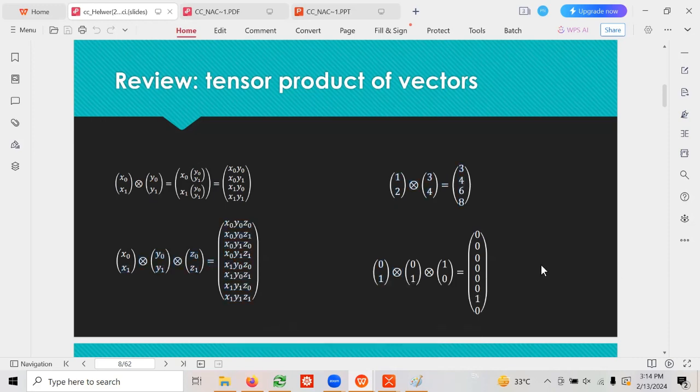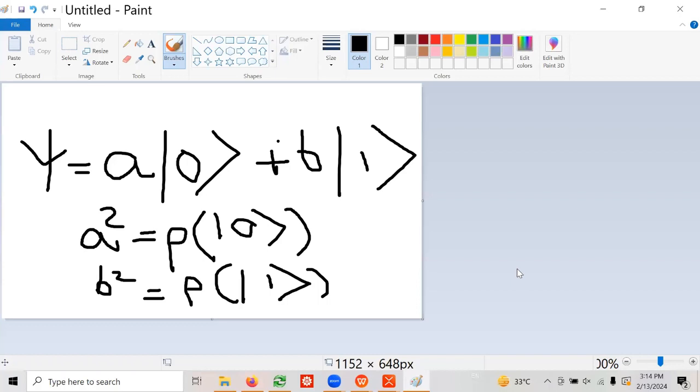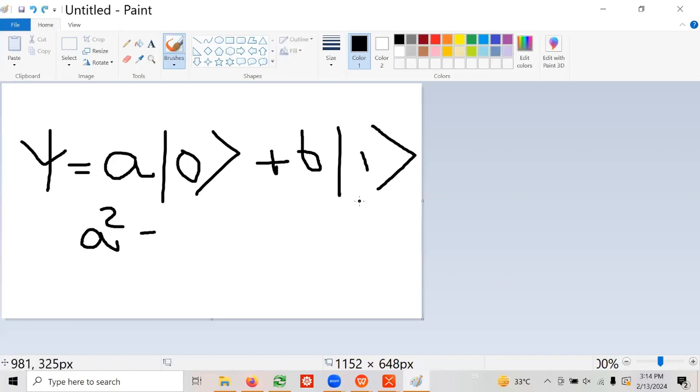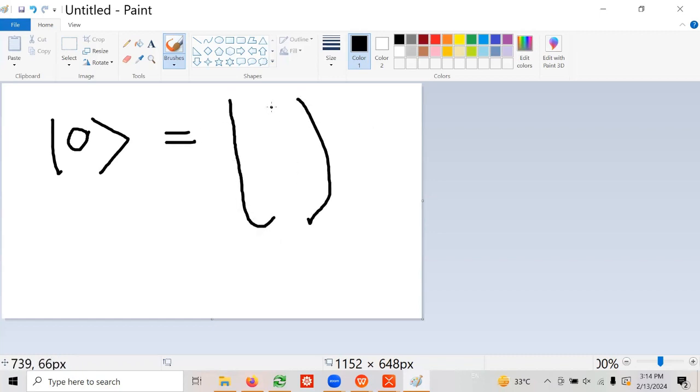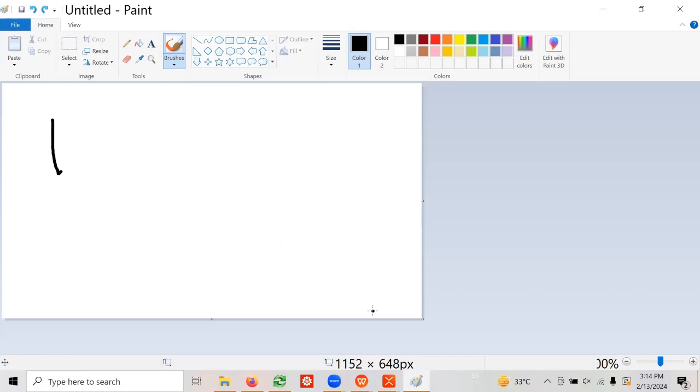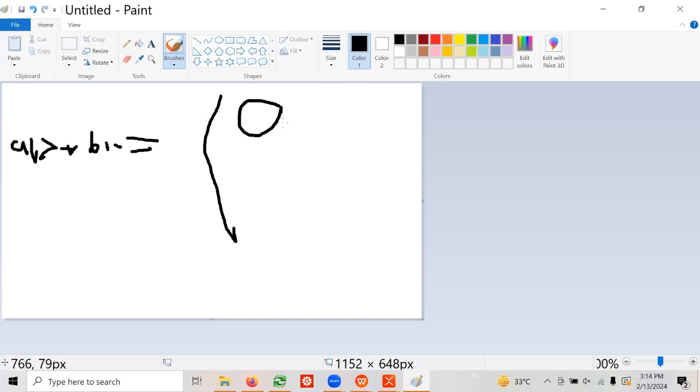Now I told you that I want something like this, right? If the traditional bit looks like this, the quantum bit would also look like this, except it doesn't have to be 1 or 0.